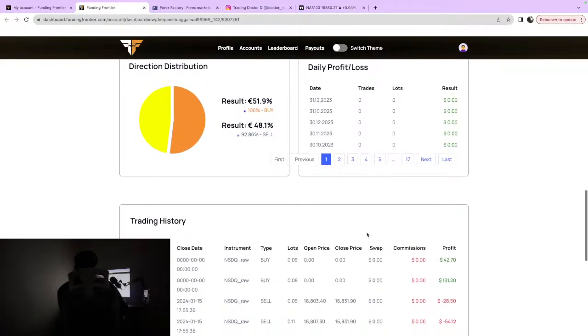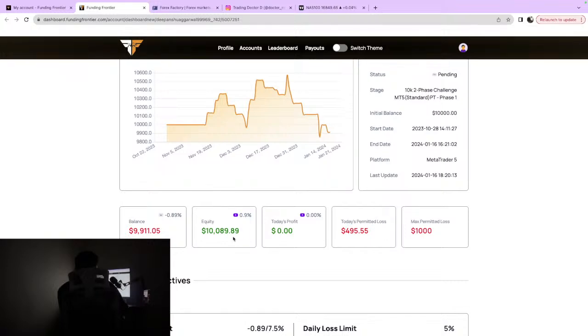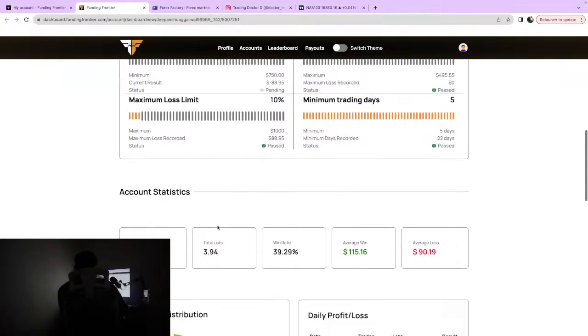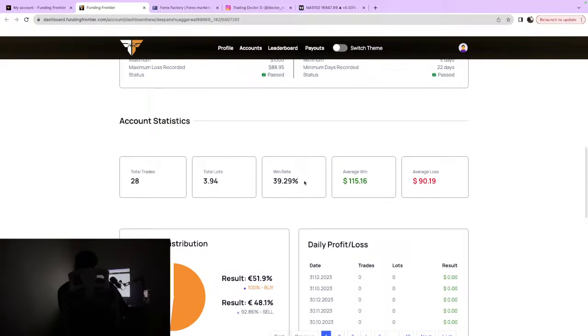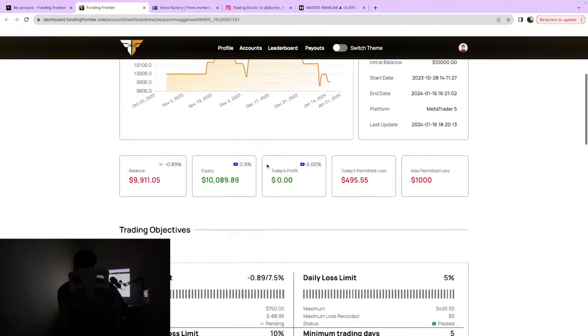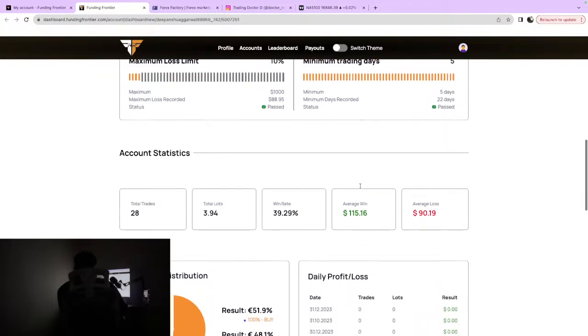Right, so these are today's profits, and now our balance is 10,089. And just see, with a win rate of only 40%, we are still in profit. What matters is this. This should always be more than this.